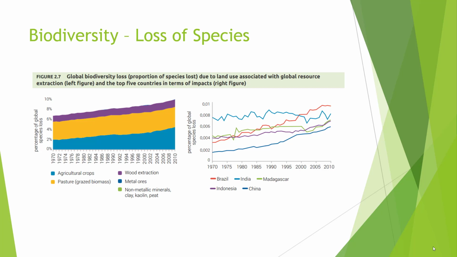And then India, Madagascar, Indonesia, and China. A lot of these countries have uninhabited land, and they need to deforest or get rid of traditional lands there for the expansion of the population.